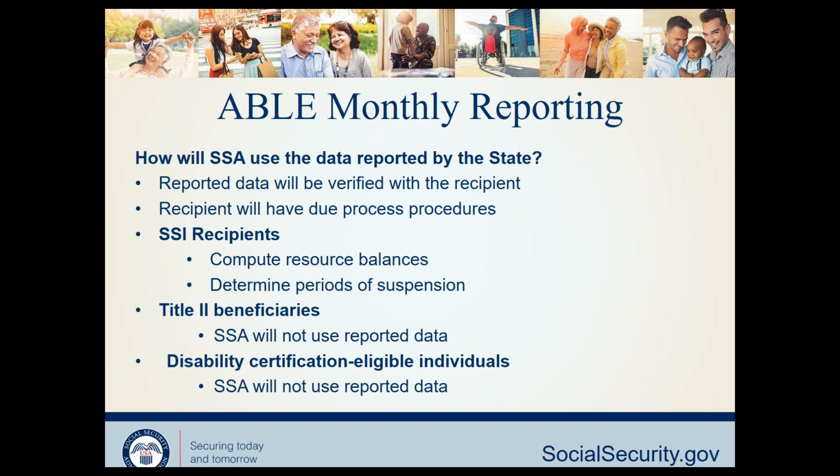And I'll cap on this one, and then we'll open it for questions. Like I said, there's several questions we want to get to, and this has to do with ABLE monthly reporting. It's important to know that it's a federal requirement that each ABLE program has to submit monthly to the Social Security Administration all account data and transaction history.